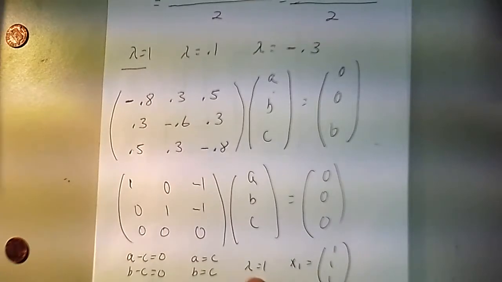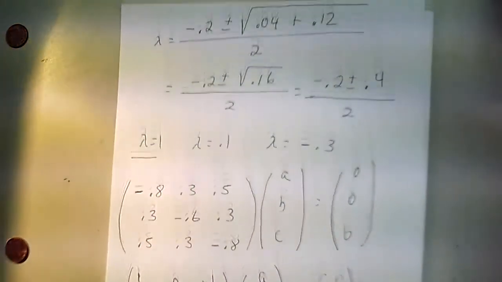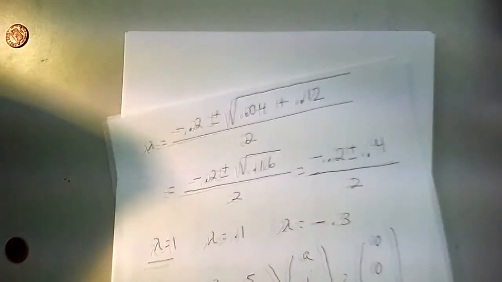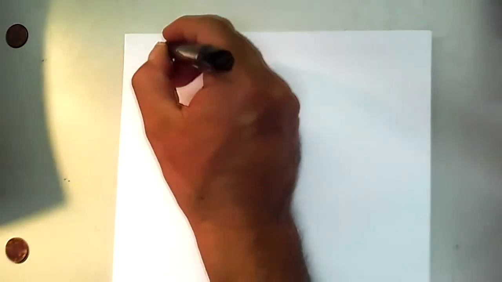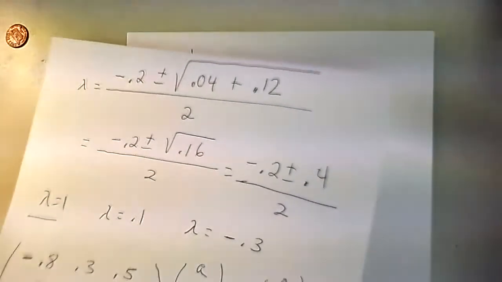So we got our first eigenvalue and our first eigenvector corresponding to this eigenvalue. Then we want to find the eigenvector corresponding to 0.1. Oh, never mind this. We're not going to pause yet. So lambda equals 0.1, and we want to know the eigenvector corresponding to this guy. So the equation we start out with is similar.